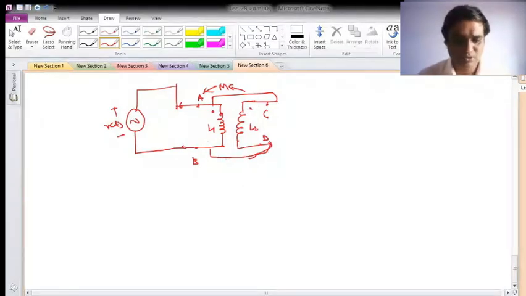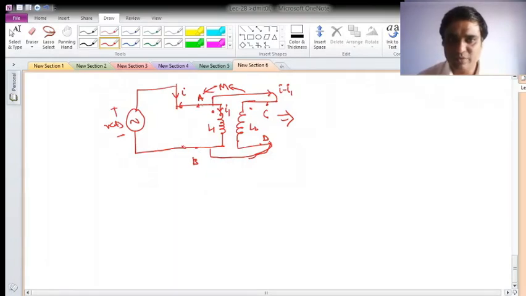Okay, so now let us write its equivalent representation. Suppose this current is I. Here is parallel form, so I1 current is flowing here, and then this will be I minus I1. Now let us write it for this AB.